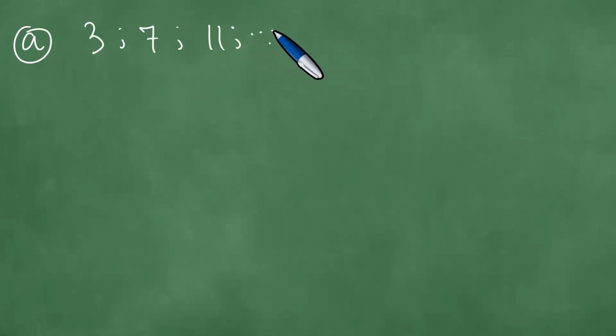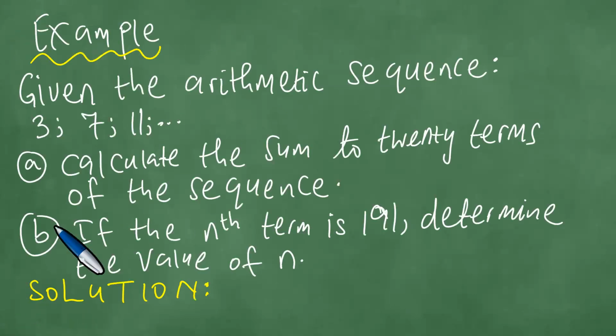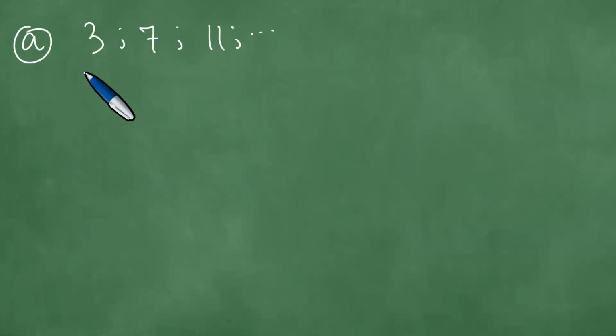No, not always. But in that question, we did not know how many terms there were, because there were some dots, meaning there were other terms left in the middle. But here, they're saying calculate the sum to 20 terms. So here they told us how many terms. So it means n is 20.